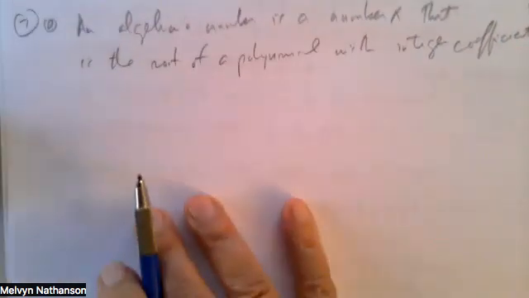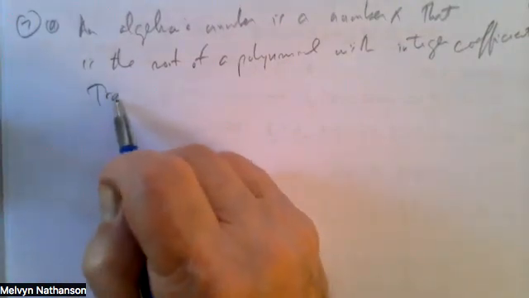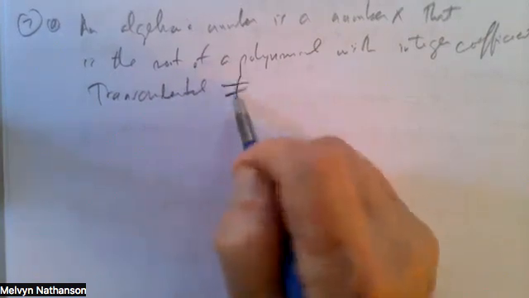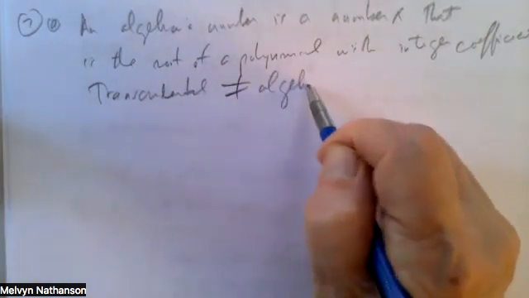And a transcendental number is a number which is not algebraic.